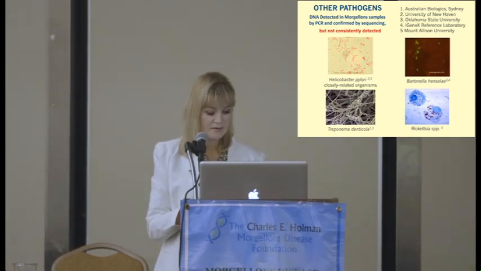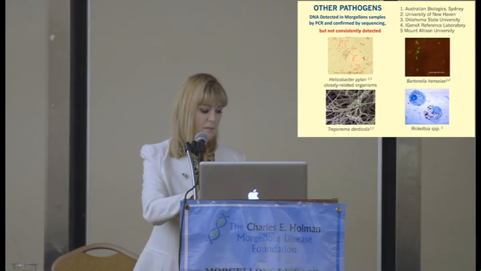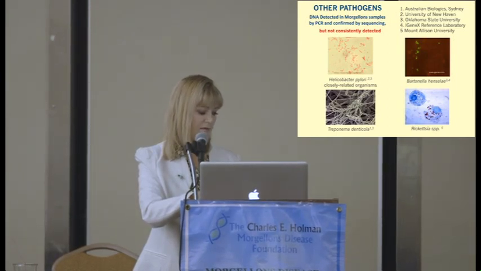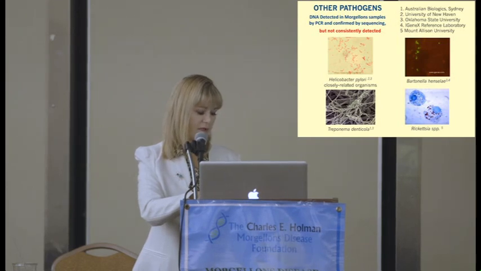Bartonella henselae was detected by Oklahoma State University and IGeneX Reference Laboratory. Helicobacter pylori was detected by the University of New Haven and by Oklahoma State University, and Rickettsia species by Mount Allison University. And although these organisms have all been detected in Morgellons tissue, they are not as consistently detected as Borrelia.